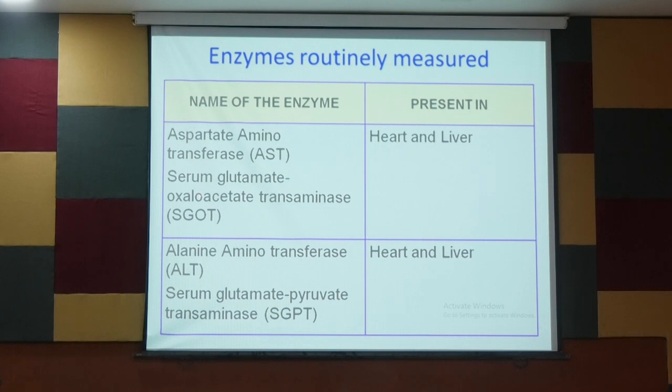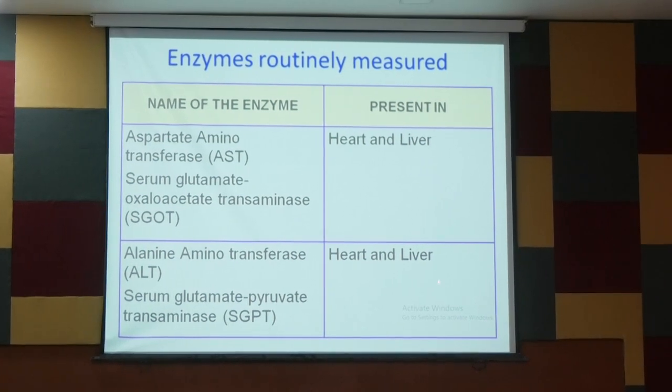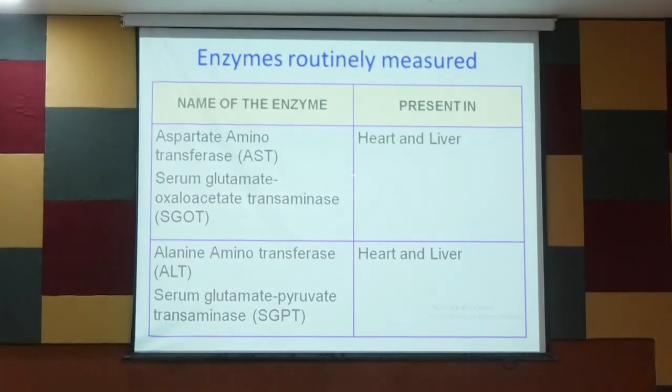Serum glutamate oxaloacetate transaminase is the old name. So this T and that T are not the same. This is the new name, ALT, and SGPT is serum glutamate pyruvate transaminase. ALT is more about the liver, not the heart. AST is heart and liver.